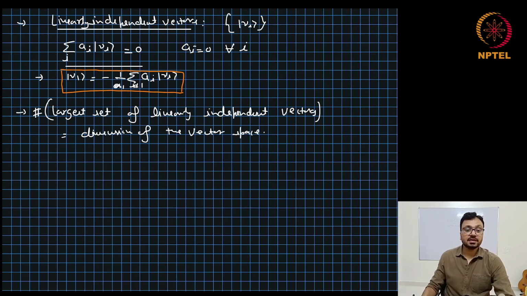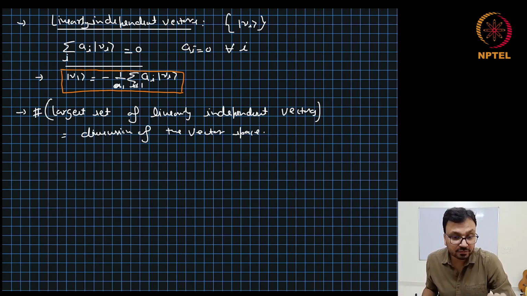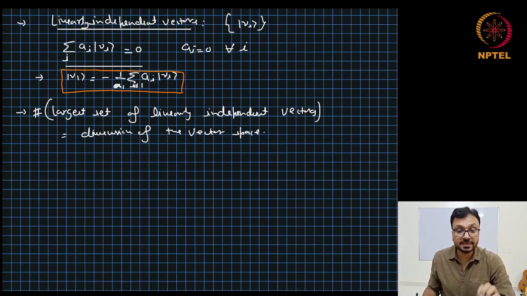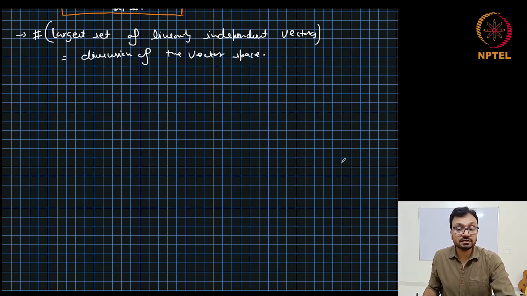The cardinality, or the maximum number of linearly independent vectors in a vector space, tells us the dimension of the vector space.